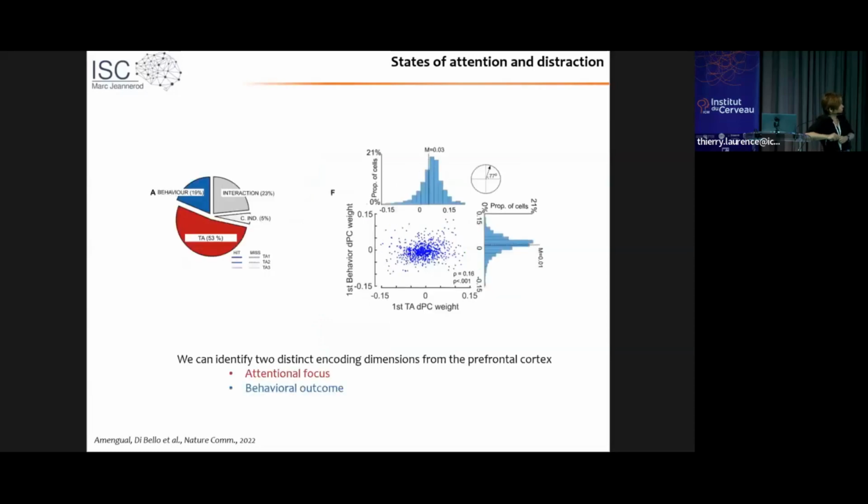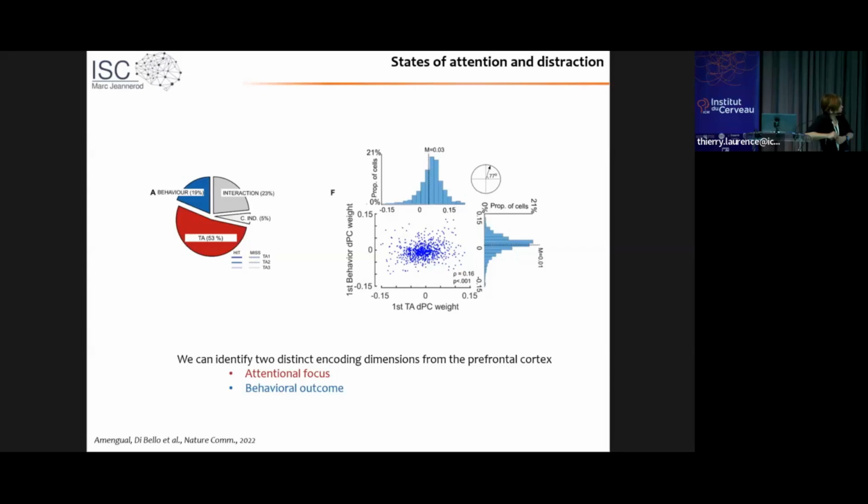In order to address this question, we apply the mixed PCA, that is to say that we impose the extraction of neuronal variability from the neuronal population to either attention task-related parameters or behavioral outcome.